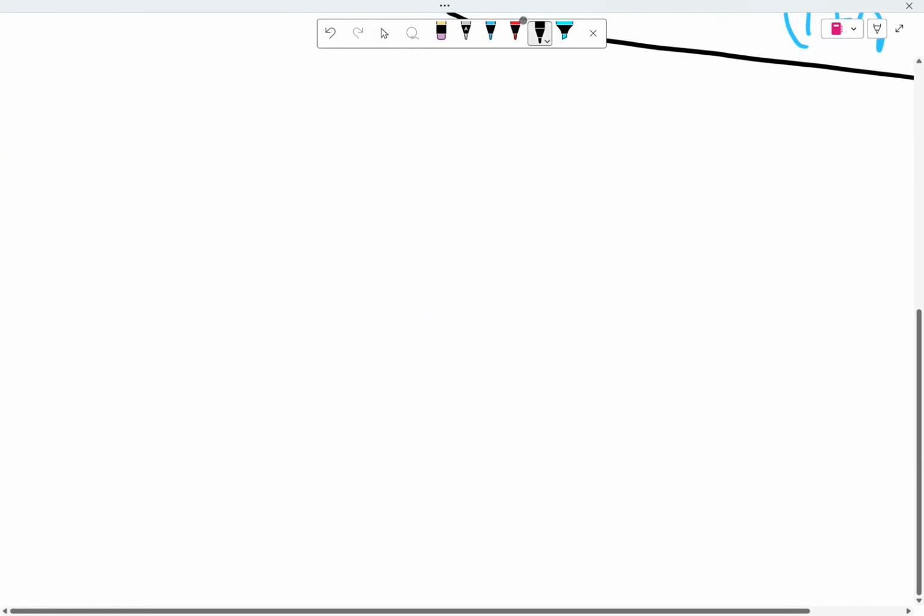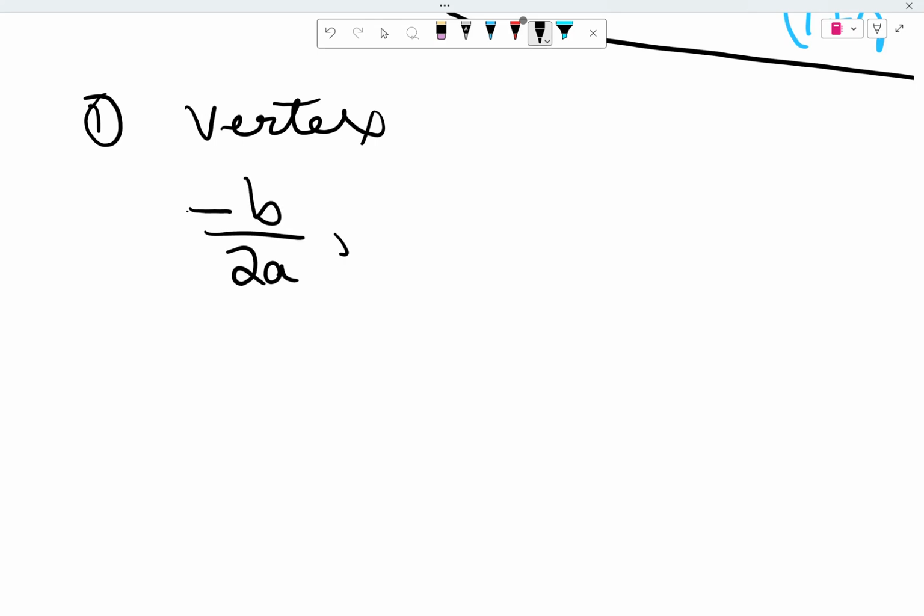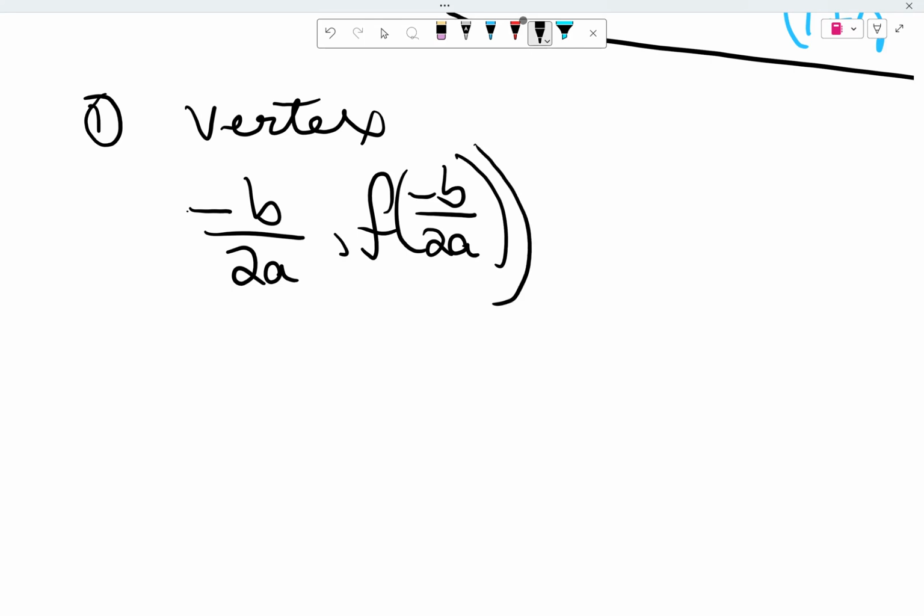Okay, so for number 1, going back to the basics, they're asking you for the coordinates of the vertex. Please remember, -b over 2a is your friend. The f of -b over 2a, which basically means substitute that back in, is your answer for the y.